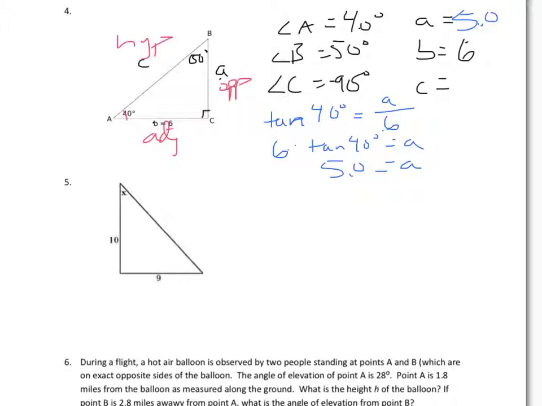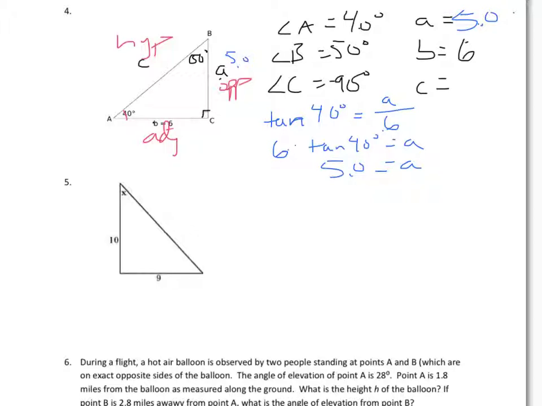Now, once you get this A, now we can really make a decision. It's totally up to you what you want to use to solve for C. To solve for C, you could, of course, use another trig ratio, so we could do the sine of 40 or the cosine of 40, or same with 50. But since you have 2 sides, we can also just use Pythagorean theorem, okay?